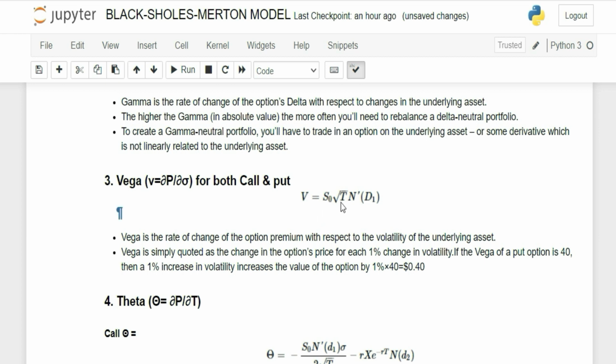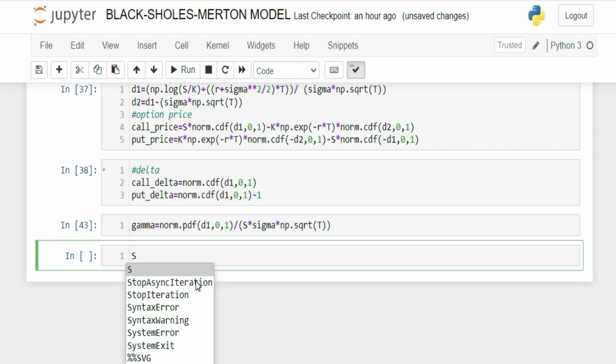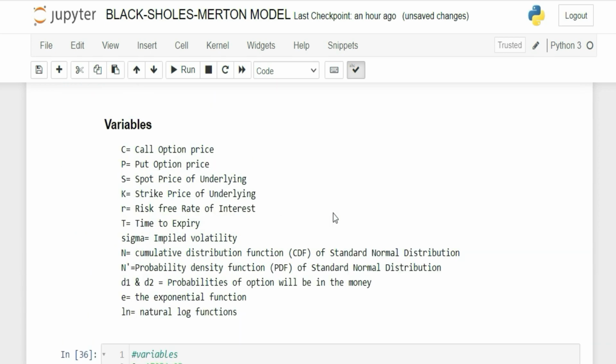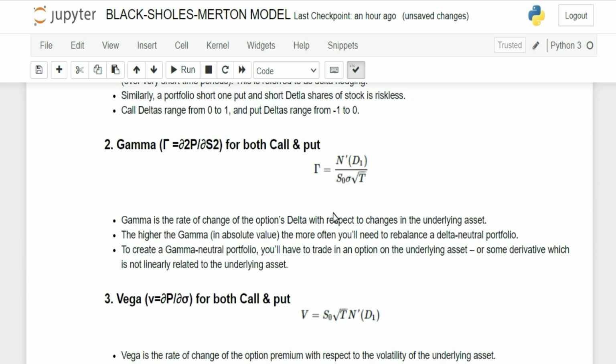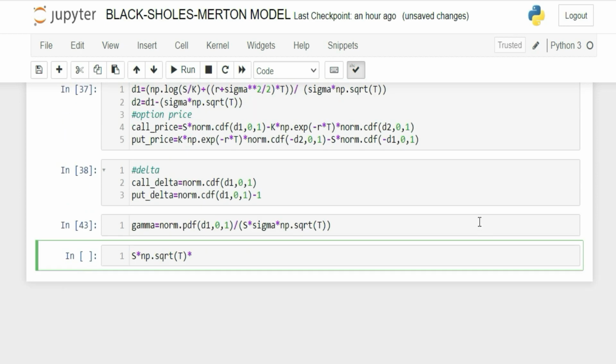Vega is S0 square root of t and N(d1). So S into np.sqrt of t into N(d1).